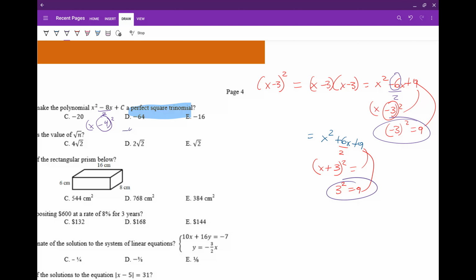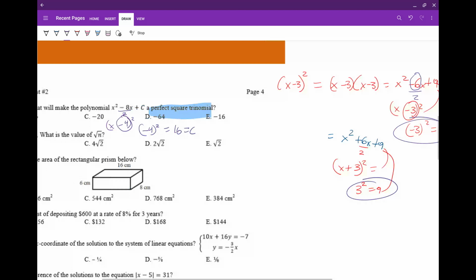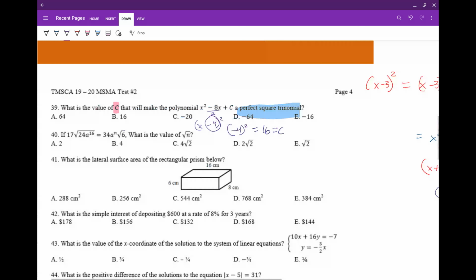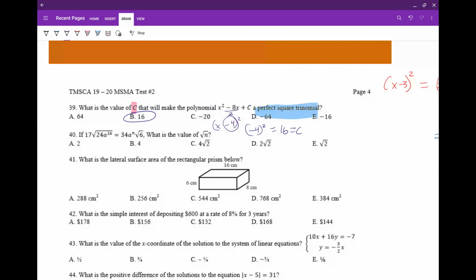You just square -4. Remember, you're squaring -4, not just +4. And then you get 16 positive as your c value. You can FOIL this out, but you don't need to, because that's your answer. 39 would be B.